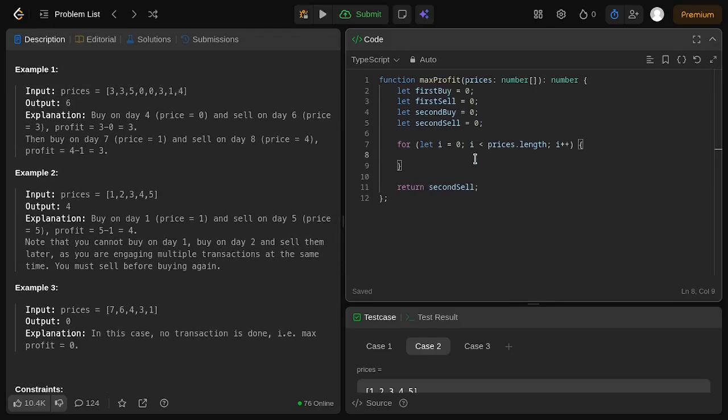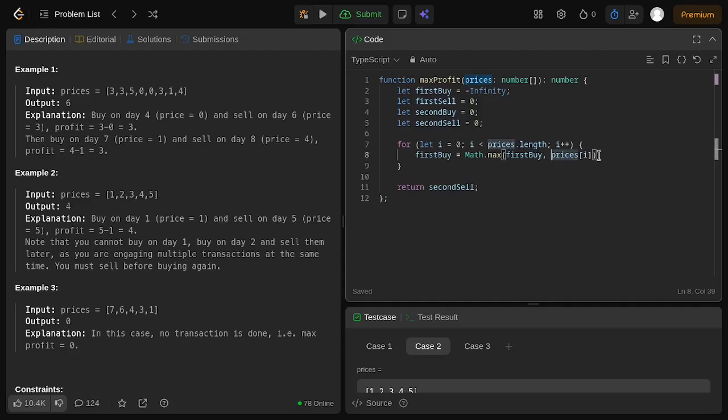So for the next one, we need to declare the first buy. Because we are buying something, we need to use Math.max. And using Math.max is because on the first buy we need to declare this as negative infinity, the minimum possible value. For Math.max, we can declare the first buy with the initial value of negative infinity, and then compare this with the prices of the current iteration.